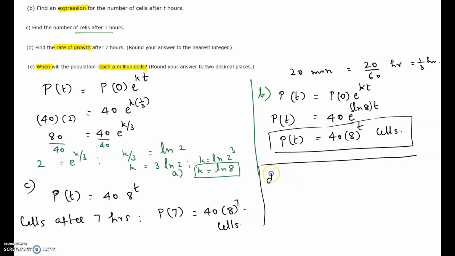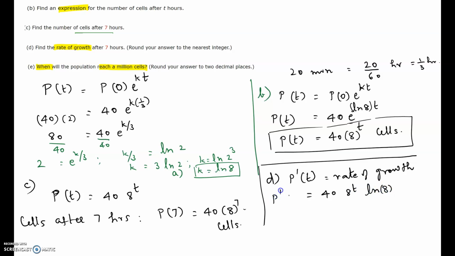Part D. Find the rate of growth after 7 hours. Rate of growth is the derivative of P of t. So rate of growth is a derivative. So we are going to differentiate 40 times 8 to the power t, which is P prime of t, which is equal to 40 times 8 to the power t ln of 8.